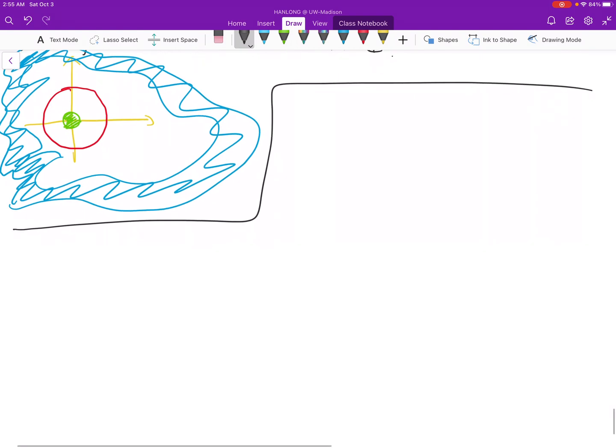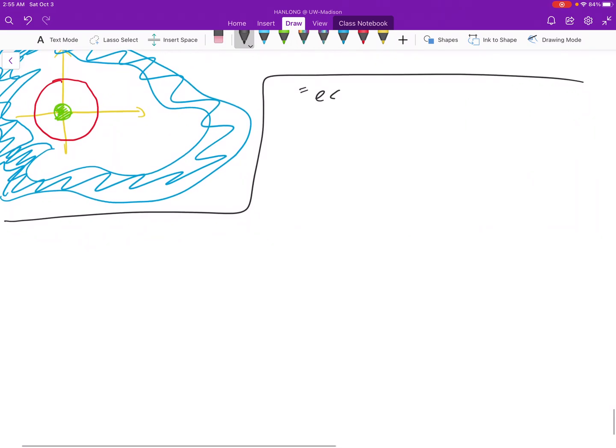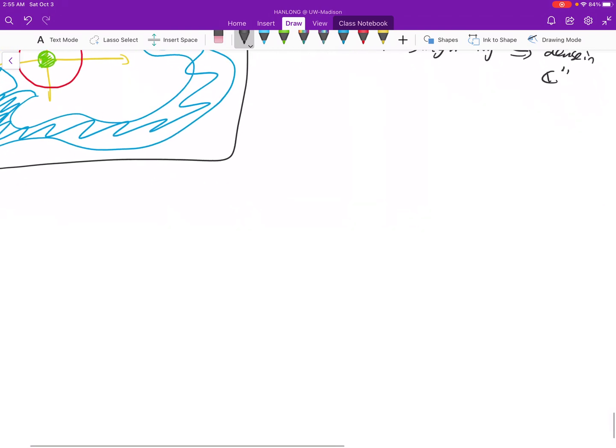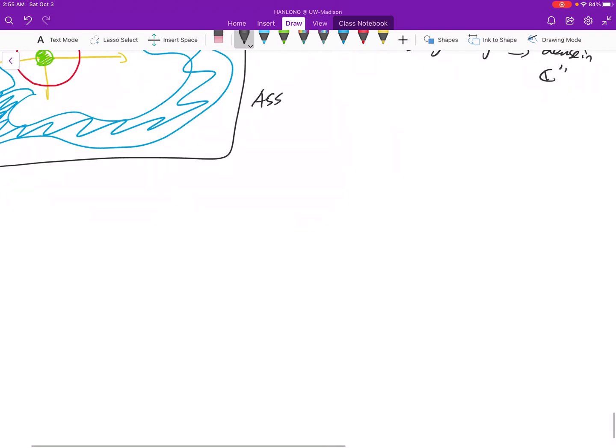Okay, and lastly, we want to show the other direction, from the essential singularity to dense in C. And we prove by contradiction.